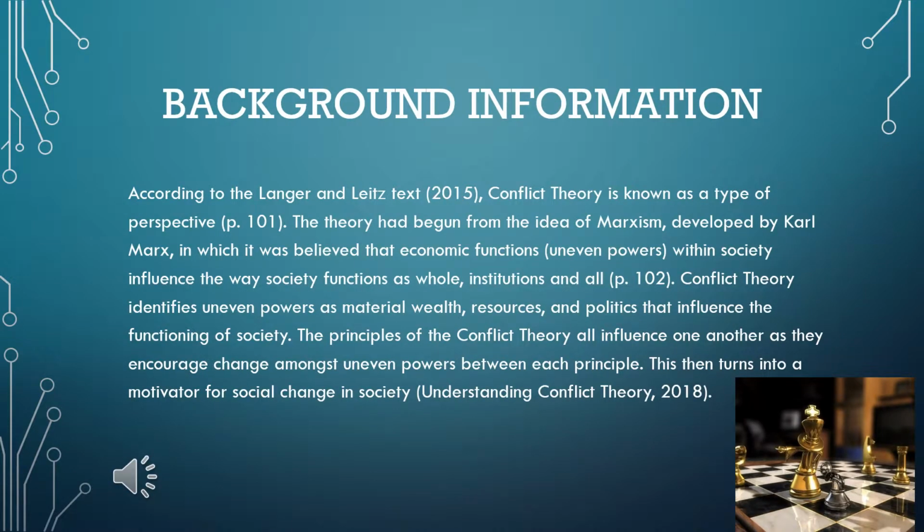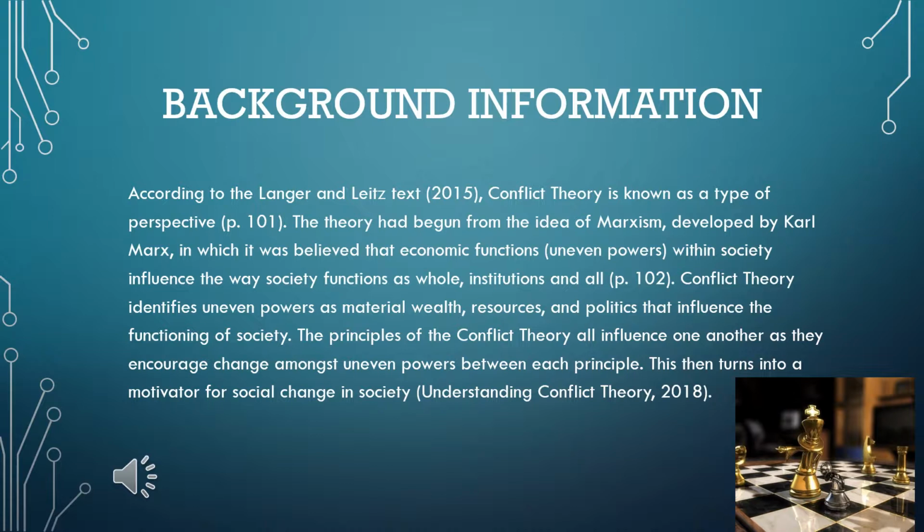In the text, Applying Theory to Generalist Social Work Practice, authors Langer and Leeds inform us that conflict theory is known as a type of perspective. This theory was formed from the idea of Marxism, which was developed by Karl Marx. He believed that economic functions and uneven powers within society influence the way society functions as a whole, institutions and all.